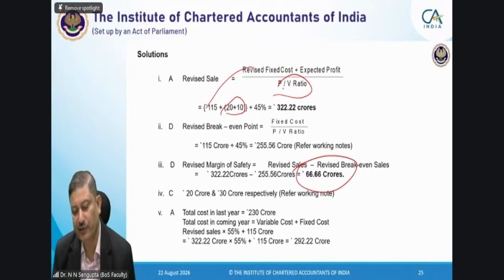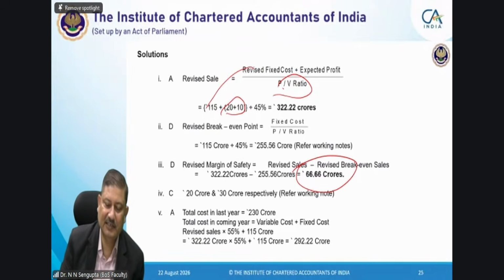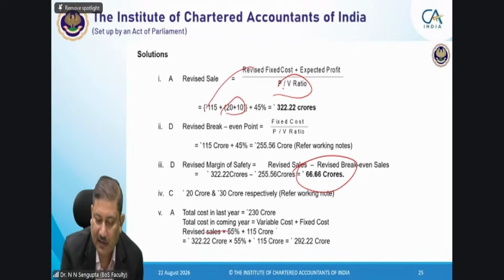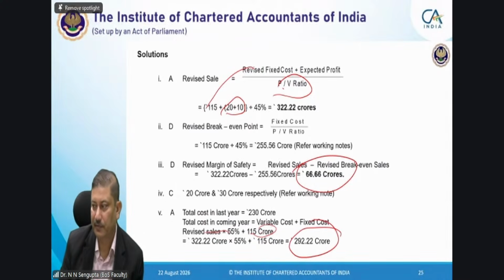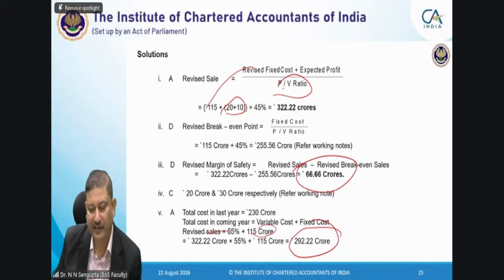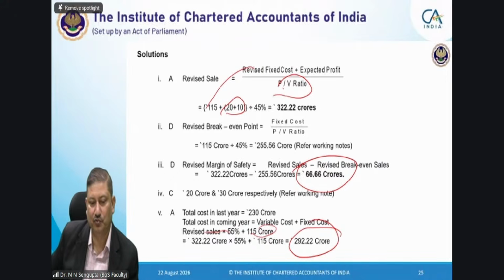So 322 crores into 55%, that is 177 crore, plus 115 crore fixed cost. If you add these two, then it will be 292.22 crore. So definitely we can answer this question number 5, that is 292.22 crores.